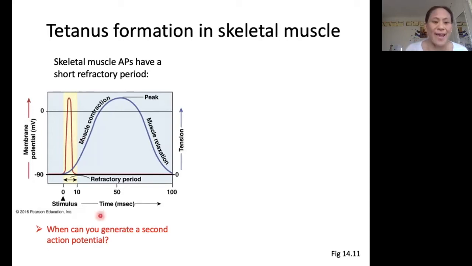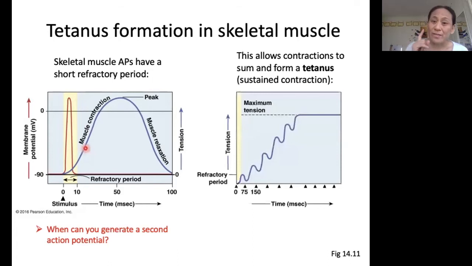So, answering this question down here, when can you generate a second action potential? Basically, as soon as this refractory period is over. What that means is that after you have this action potential and have started this muscle contraction, you can actually have another action potential right here, even before this muscle contraction finishes, or even while it's just barely starting. As a result, in skeletal muscle you can have several action potentials in a row.